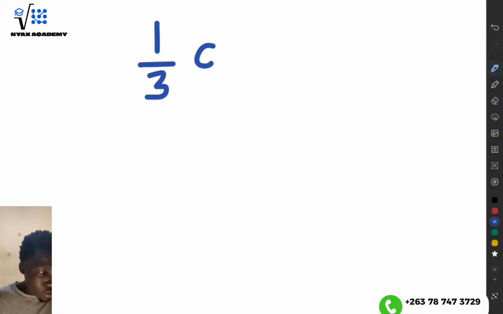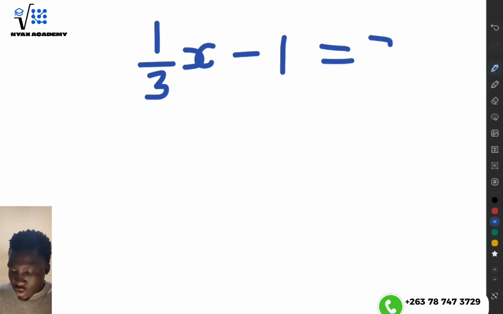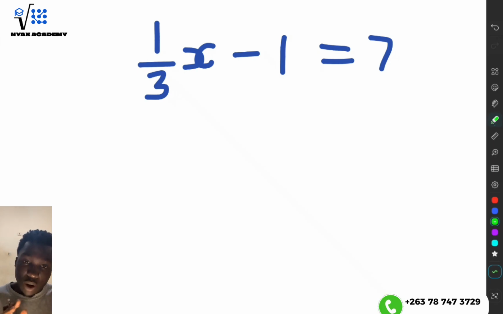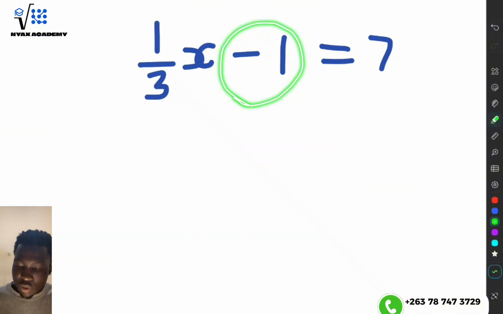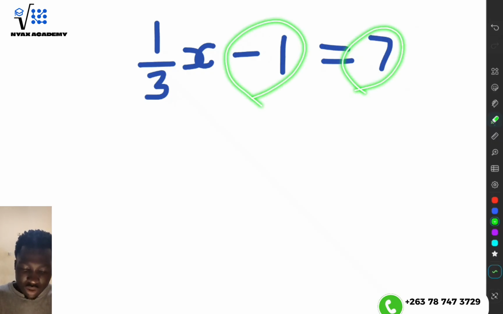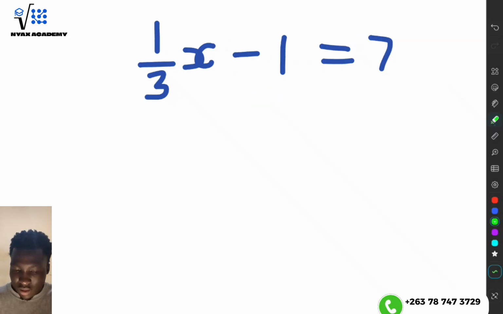1 over 3x minus 1 equating to 7. So how do we do it? The first thing you need to do is to have the constants on one side. So this negative 1 goes with the 7, because they share something in common, they are both constants, and we leave the term with x on its own.